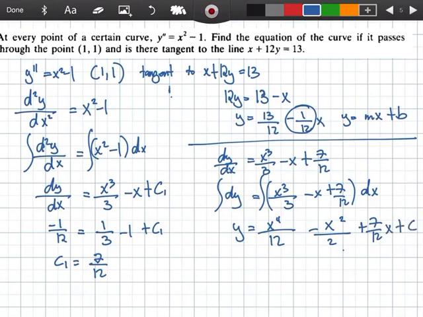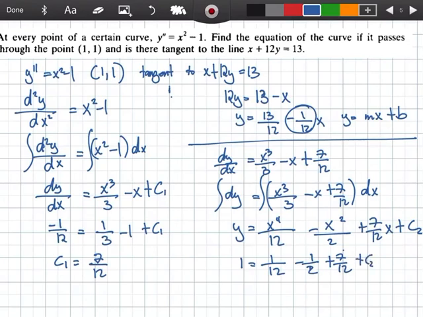We label this c as c2 because we had c1 earlier. To get the value of c2, we substitute our point. So, y is 1 and x is 1, because it passes through the point (1, 1). 1 is equal to 1 over 12 minus 1 half plus 7 over 12 plus c2.